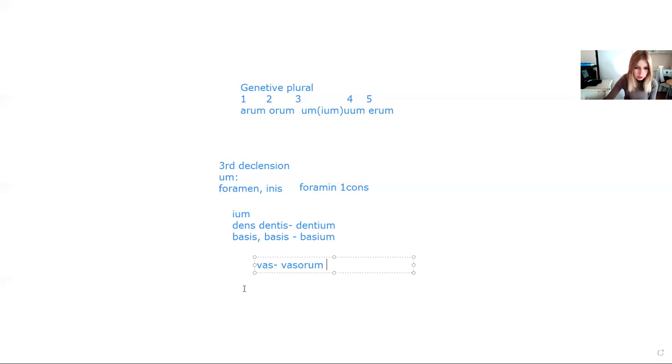What about adjectives? Let's deal with adjectives in genitive plural. Okay, I need a clean blackboard again. Genitive plural of nouns and adjectives. The first group of adjectives will have in genitive plural the following endings.